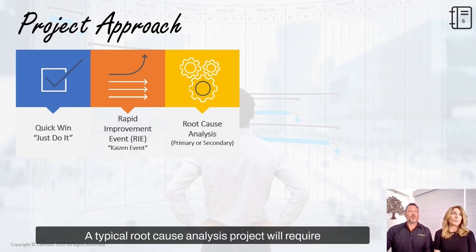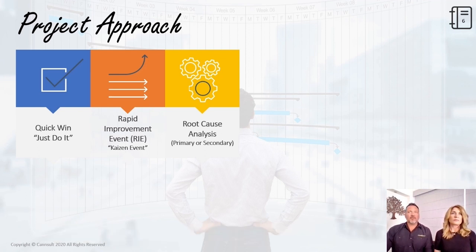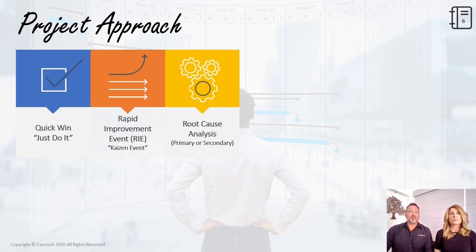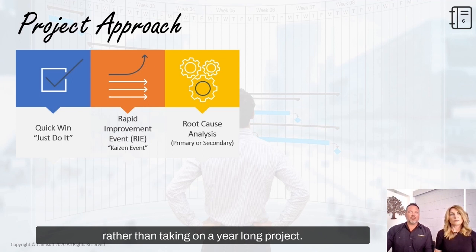A typical root cause analysis project will require a team to work the project, and it will typically take 3 to 4 months to complete, depending on the size of the project. For projects that are estimated to take longer, it's recommended that they are broken down into 3 to 4 month iterations or a multiple generational plan, so that success can be achieved in increments rather than taking on a year-long project.